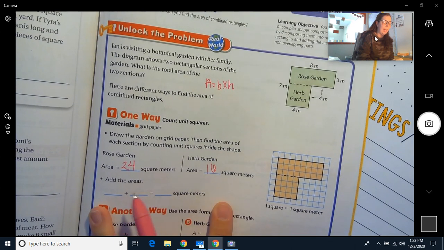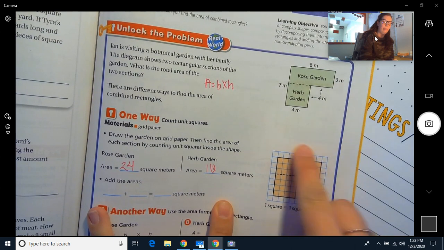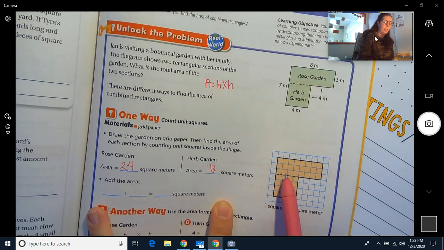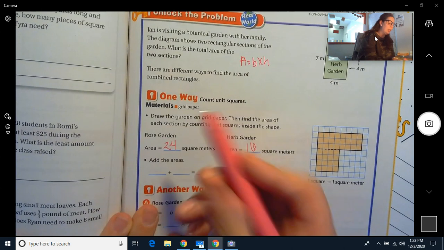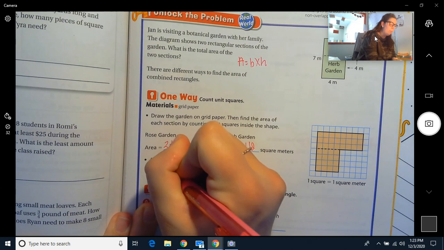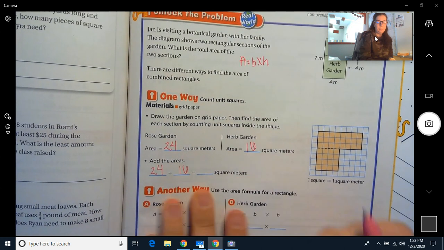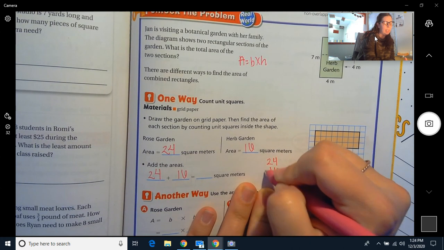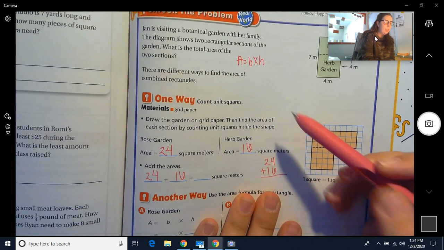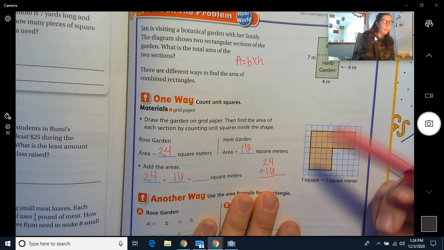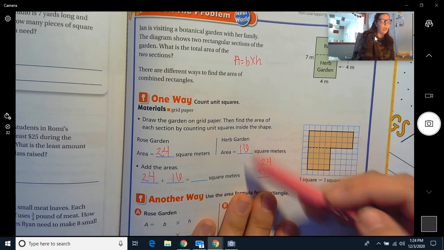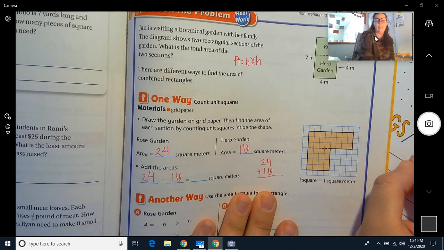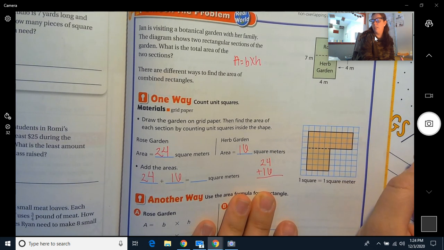Now what I do is I add those areas together. In order to find all the total area, I split up the shape into 2 easier shapes, and I add it together. So I'm doing 24 plus 16. I'm going to write it right here too so I can line up my numbers and see it easier that way. And I can add 6 plus 4. If you would like to help me on the adding part, comment with the letter L in the chat for me, please.